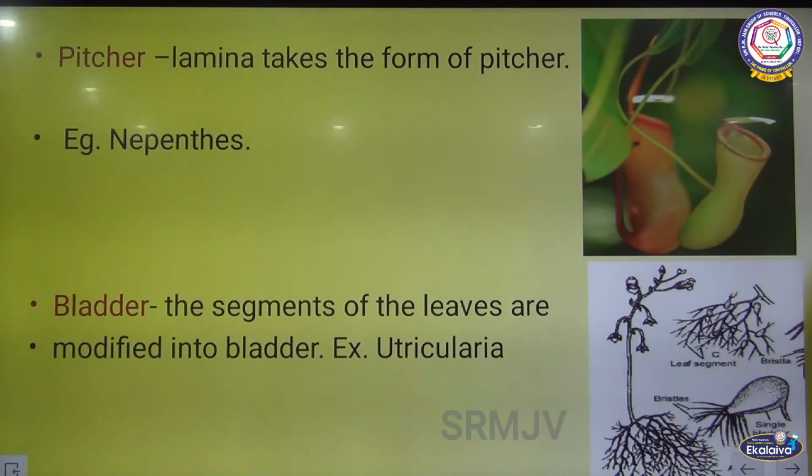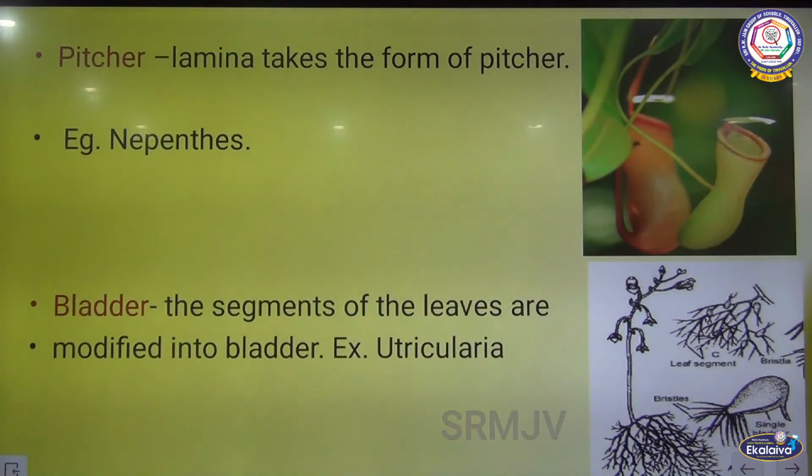Now a pitcher plant. Here the lamina of the leaf is modified into a pitcher. You will find it in Nepenthes, and you call it an insectivorous plant. Here the basal part of the leaf lamina continues as a coiled tendril-like structure, and it forms a pitcher. In the picture you can find a pitcher, and the pitcher has a lid.